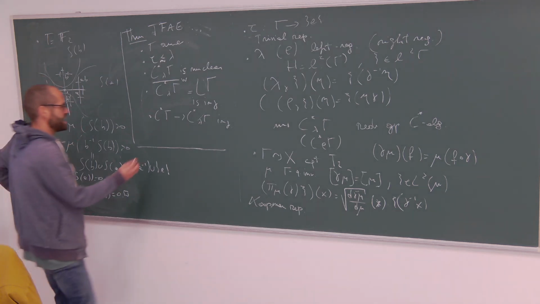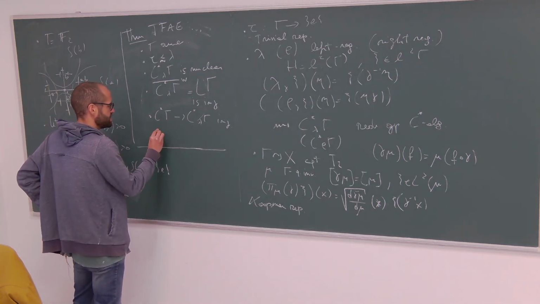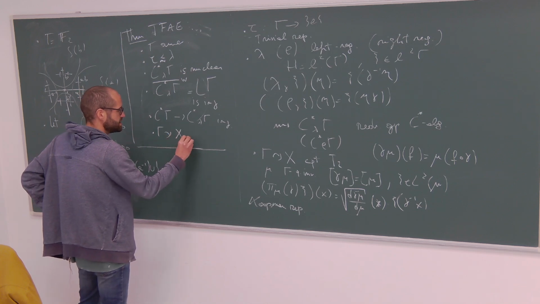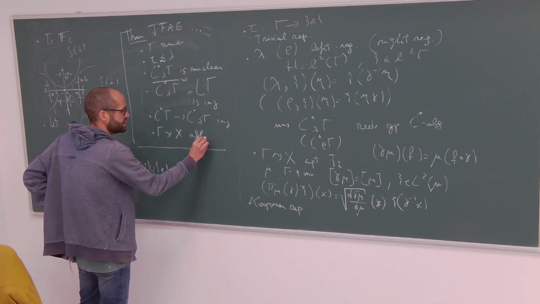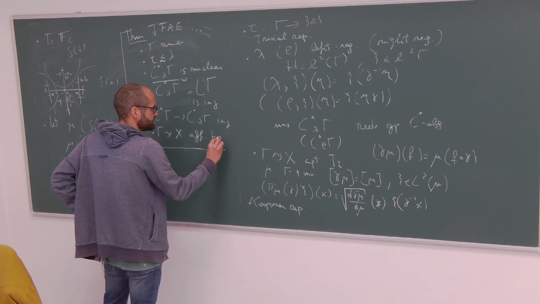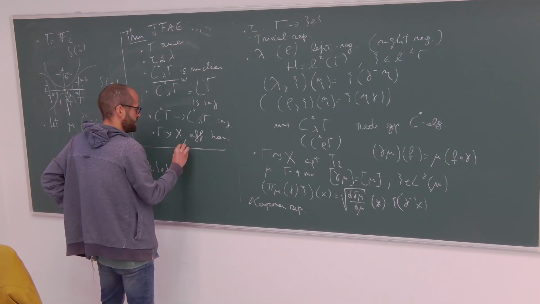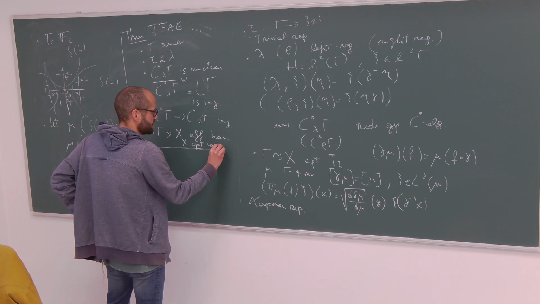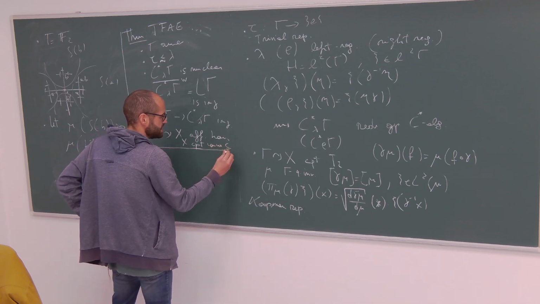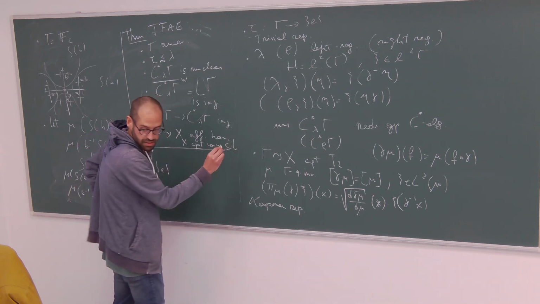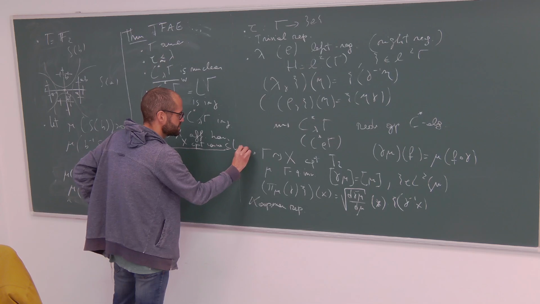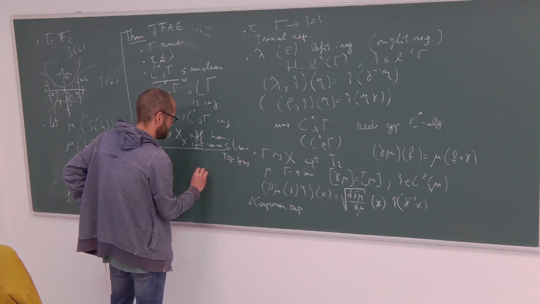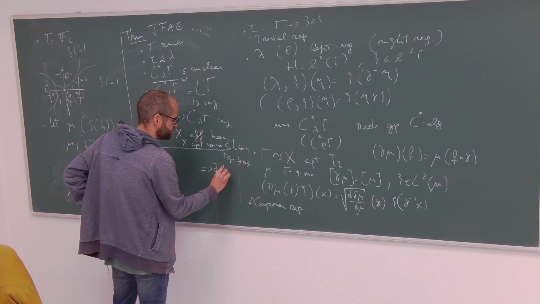And also something else: whenever gamma acts on X by affine homeomorphisms, where X is compact convex inside a locally convex topological space, then there is a fixed point.